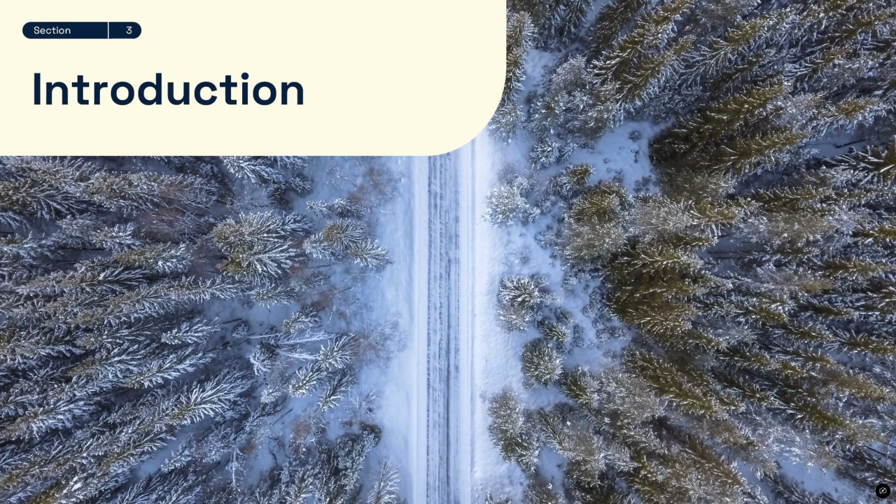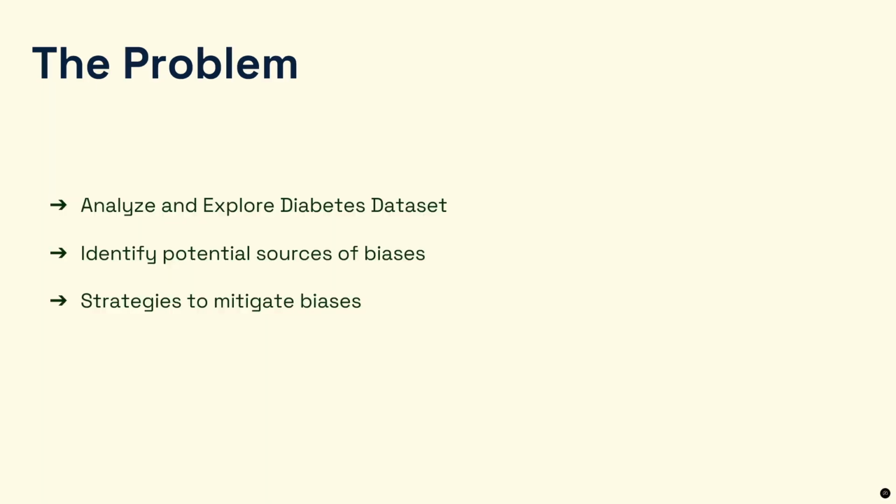Let's look at an overview of the problem, how we tackled it, and our proposed solutions. This assignment aims to analyze the healthcare dataset related to diabetes diagnosis, exploring the dataset's structure, identifying data quality issues, and assessing potential biases that could impact predictive modeling and healthcare outcomes.